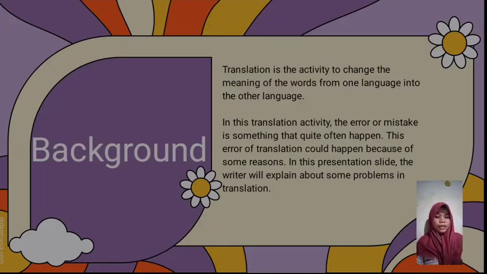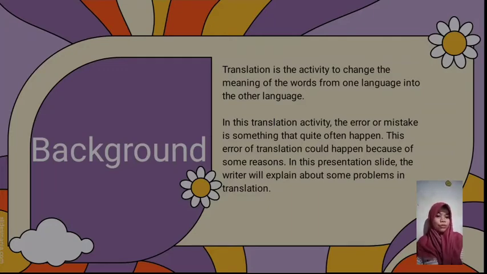In this process, errors are something that quite often happen. We consider that translation errors could happen for some reasons, so in this presentation, we will present the translation problems.